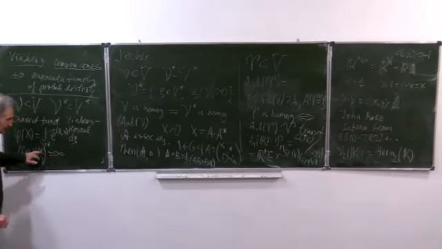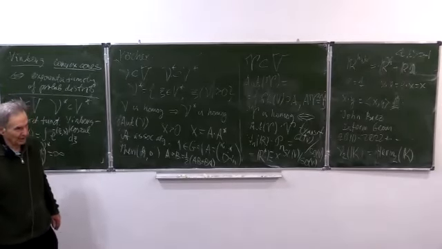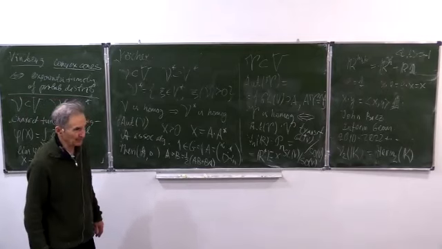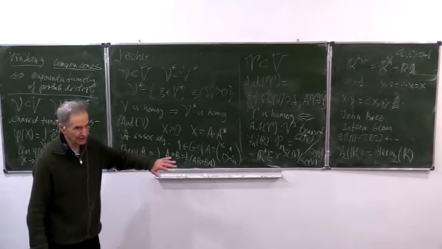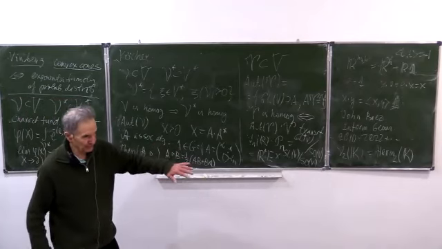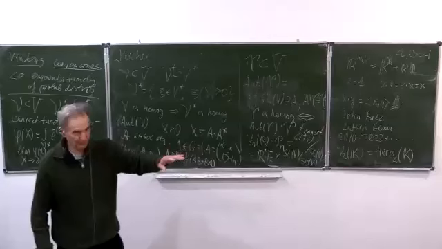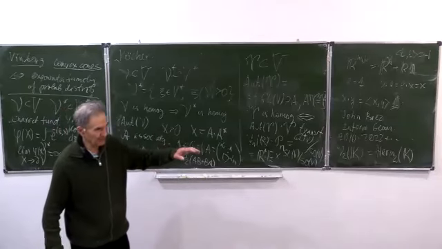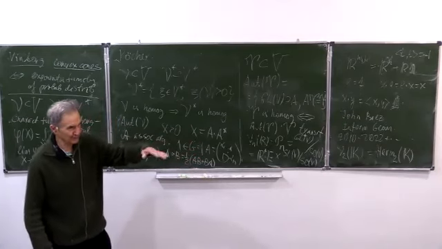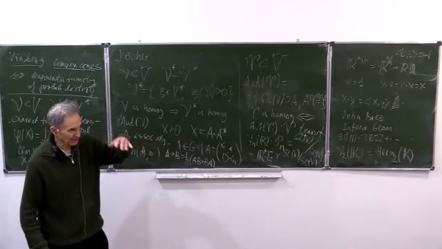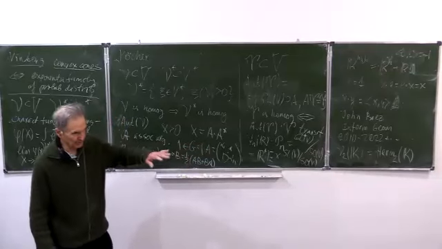And this property is very important for application to convex programming, because in convex programming you can use the standard Newton method. So what is convex programming? You have some convex function in a convex domain, and you want to find the minimum of this function. And then you can use some sort of gradient method, but a little more elaborate, which is called Newton method.